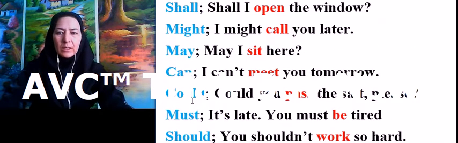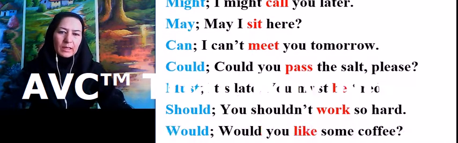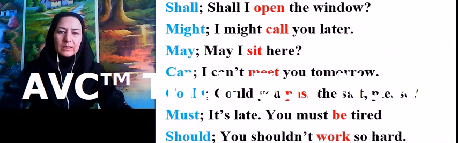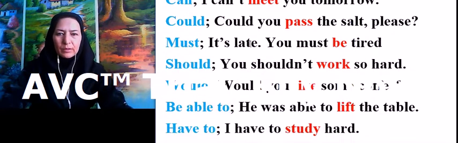We call them modals. So we can say after all modals, we can use base form of the verb. I can't meet you tomorrow. After can't again, we use base form of the verb. May, after may again, we use base form of the verb. Might, I might call you later. After all of these, we use base form of the verb.